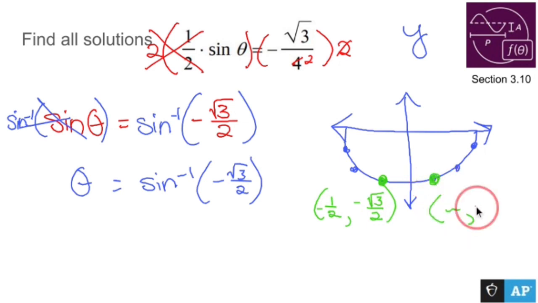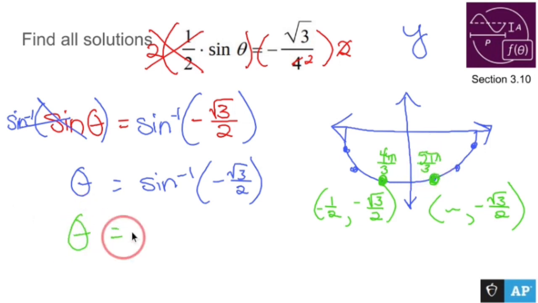Okay, this is pi, which means you are going to be 1/3 between pi and 2 pi, which is 4/3 pi. So let me say that, 4/3 pi, or 4 pi over 3, however you want to word it, which means this is going to be 5 pi over 3.